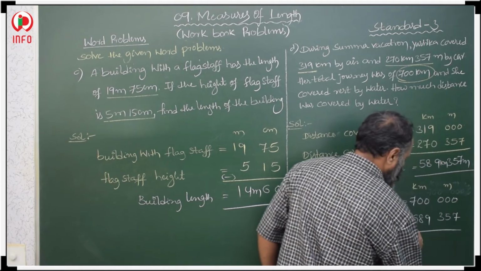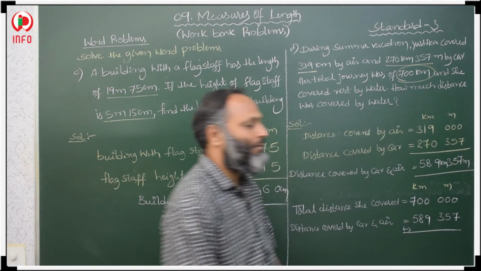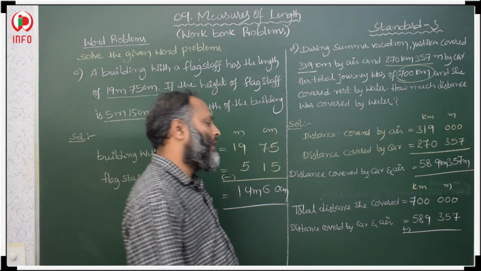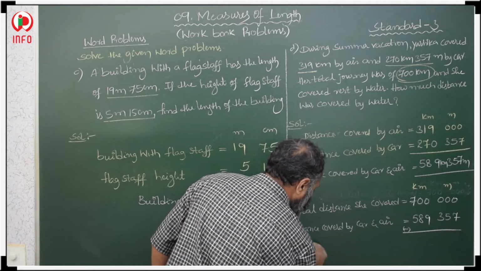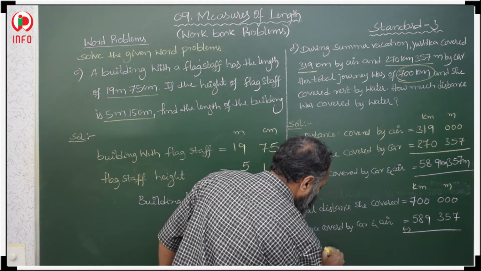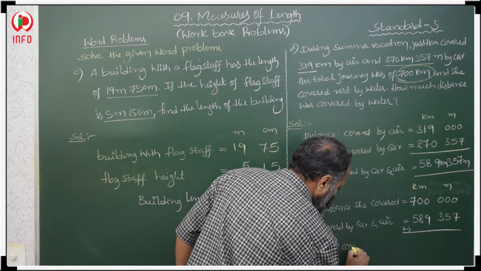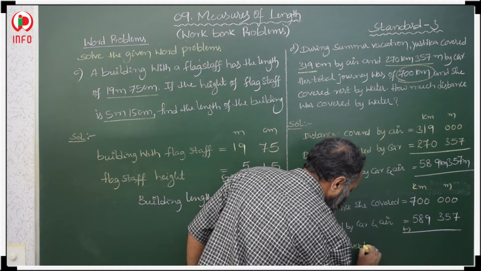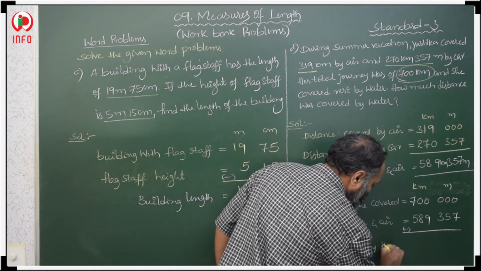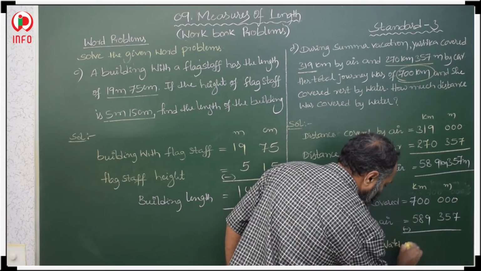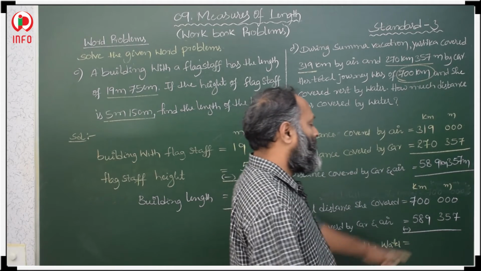From this total distance, if you subtract, then you will get the distance covered by water. Now all are zeros.